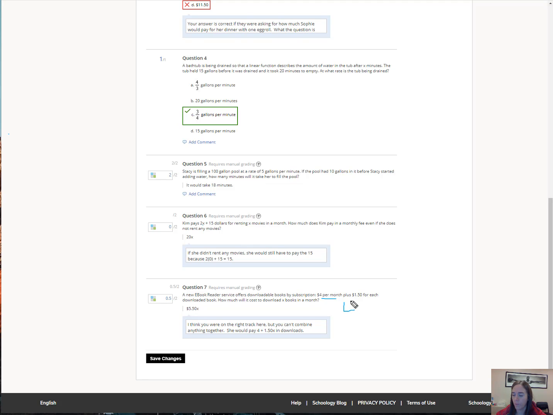So for 1 month, I have to pay $4. And then to add to that, I have to pay $1.50 for every book. So that's going to be plus $1.50 times however many books I want to buy. Okay, so that would be your equation. I mean, you can have it equal to y, but either way, that's your equation.